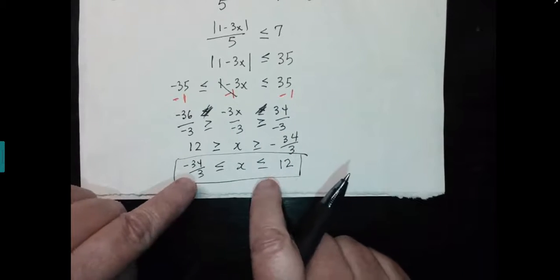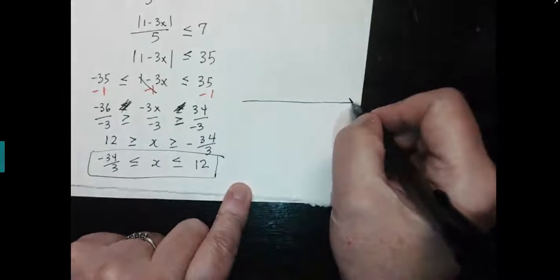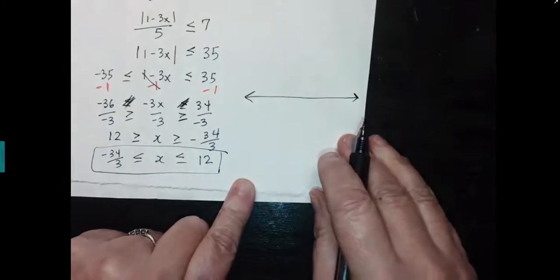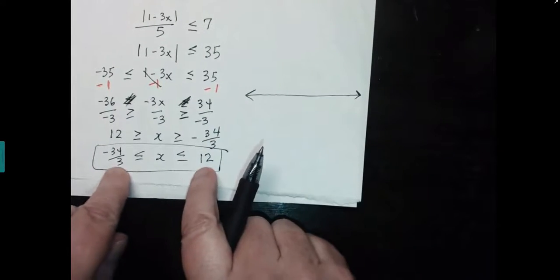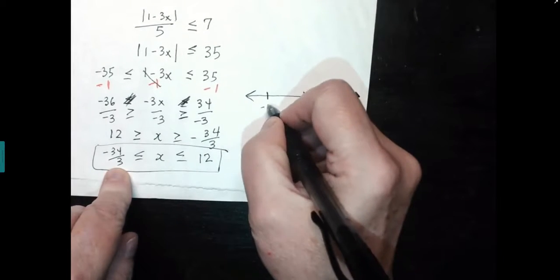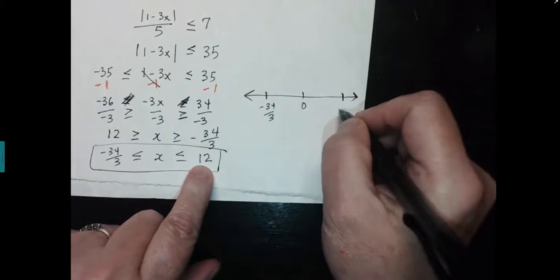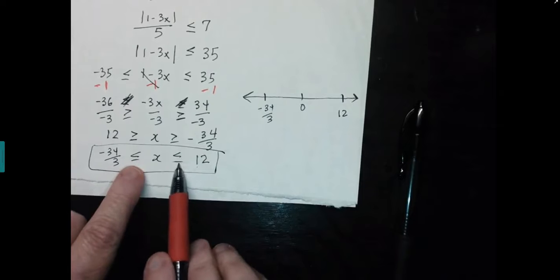Or when we have it like this, we can get it in interval form. And again, if you're not too confident on interval form, let's find out where these are on the number line. So I've got negative 34/3, and then I've got positive 12. And x is going to be everything in between these two numbers and including them.